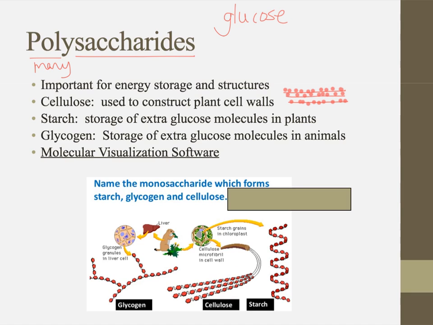All right, starch also comes from plants, so the source there is plants, and this is how plants store their extra glucose molecules. Plants are amazing and awesome, and they're using photosynthesis to create glucose all the time. When they have extra glucose, they want to put it in the bank. And the way they store that extra energy is via starch production.